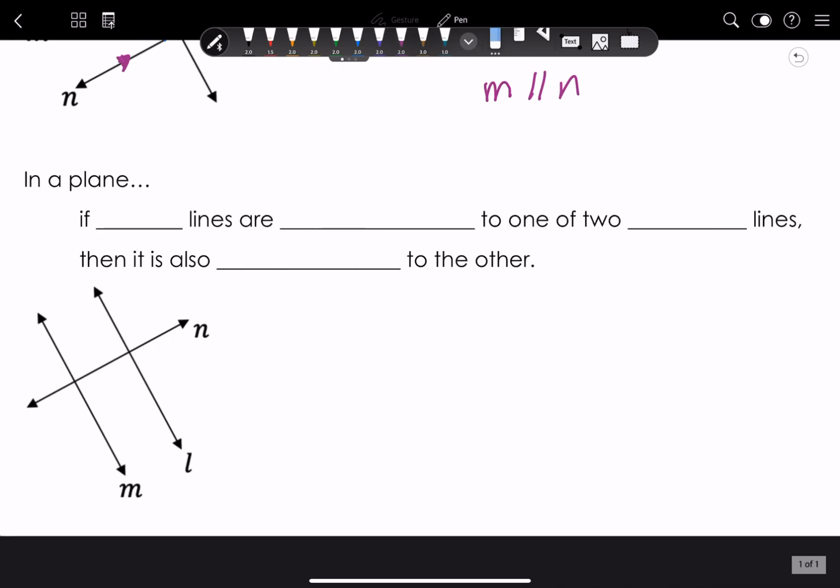In a plane, if a line is perpendicular, sorry guys, some typos there, is perpendicular to one of two parallel lines, then it is also perpendicular to the other.